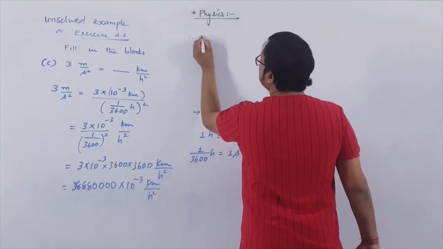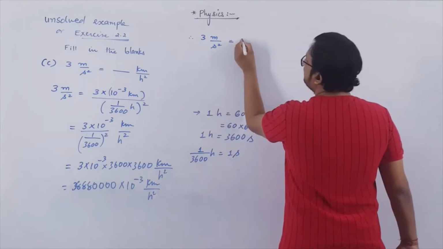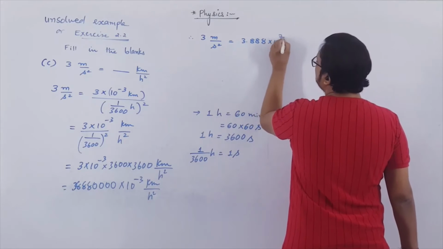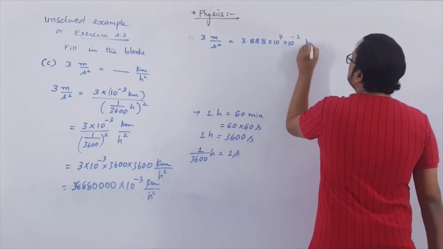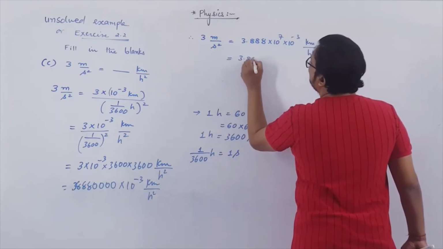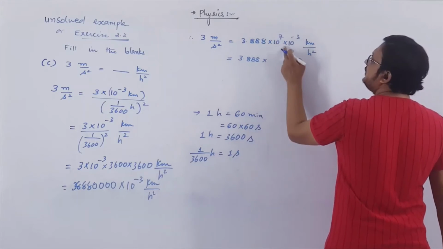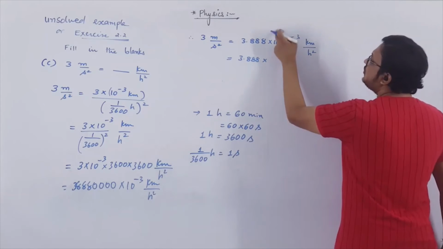Therefore, we can write 3 meter per second square will be equal to 3.888 into 10 raised to 7 into 10 raised to minus 3 kilometer per hour square. If the bases are the same, you have to add the powers.